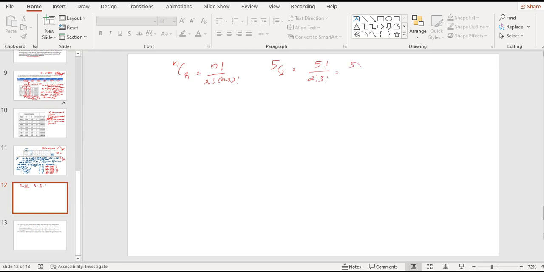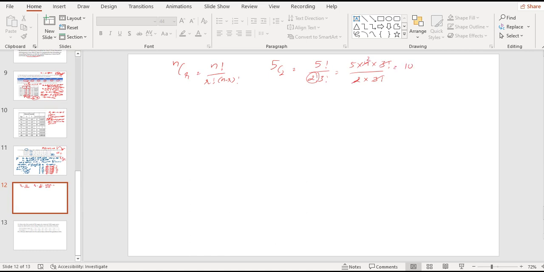So I can write 5 into 4 into 3 factorial upon 2 into 3 factorial. The 3 factorial cancels out, right? So if we simply consider the smaller term, 2 factorial, it means we take 2 consecutive terms in the numerator starting from 5 and 4, and then we can calculate this.